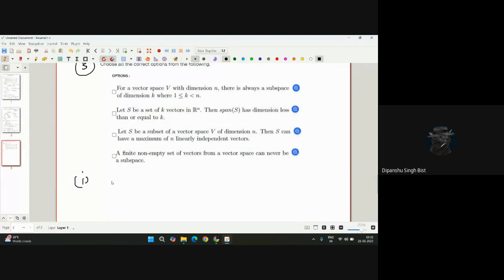Okay, so let's see. First of all, if you have any vector space, then you have two trivial subspaces for it. Okay, so if I have some vector space V, then it will surely have two trivial subspaces. So V is a vector space.